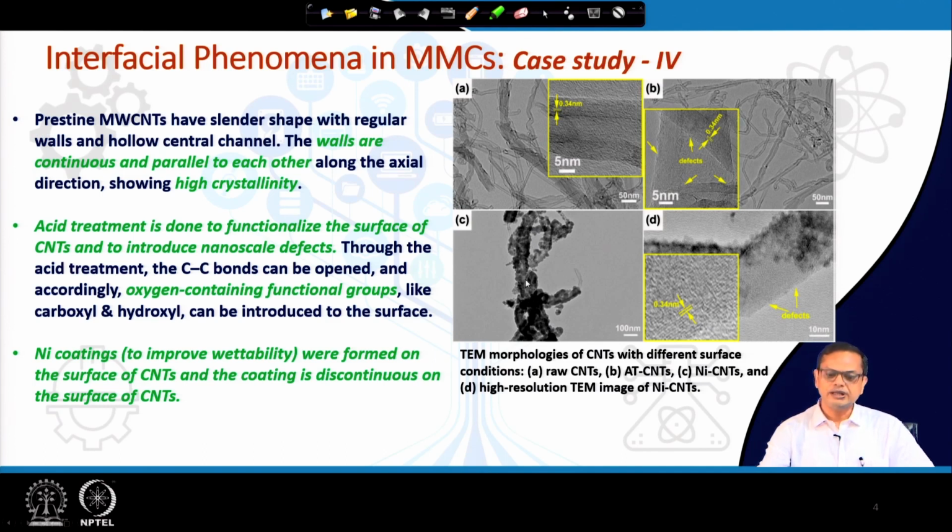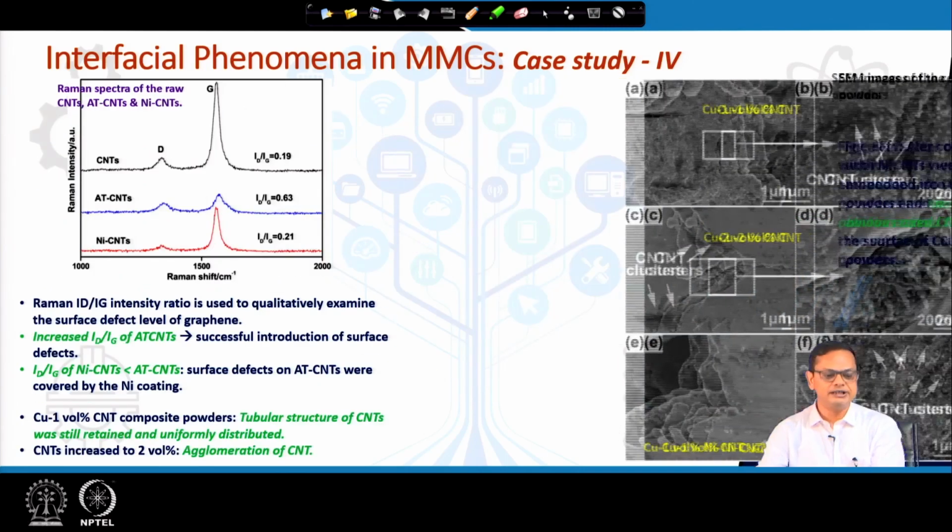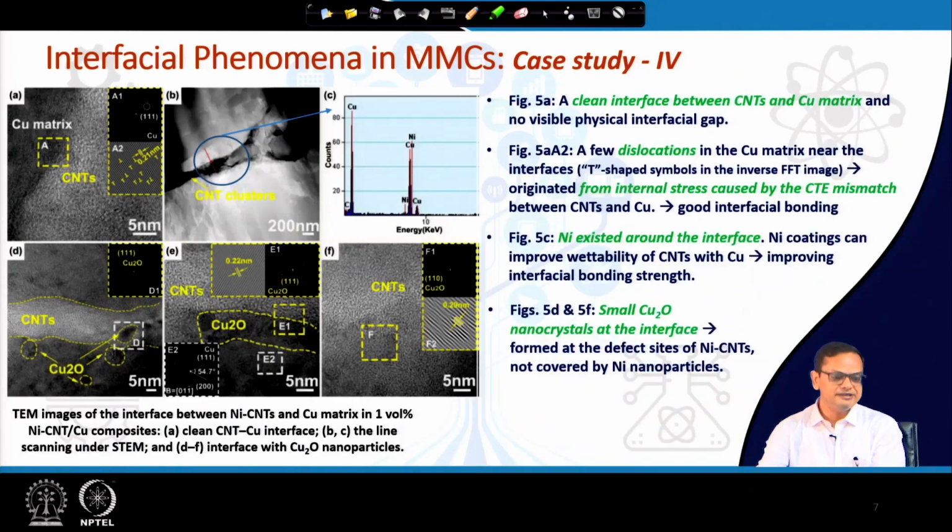However, it is not very uniform, or the whole surface of the carbon nanotube is not completely covered by this nickel nanoparticle deposition, and the effect of that you can see in this particular TEM image. So, you can see wherever the CNT was exposed, in those areas Cu2O is now forming.